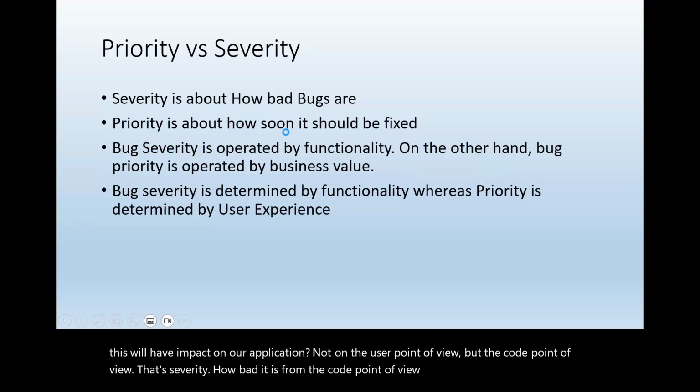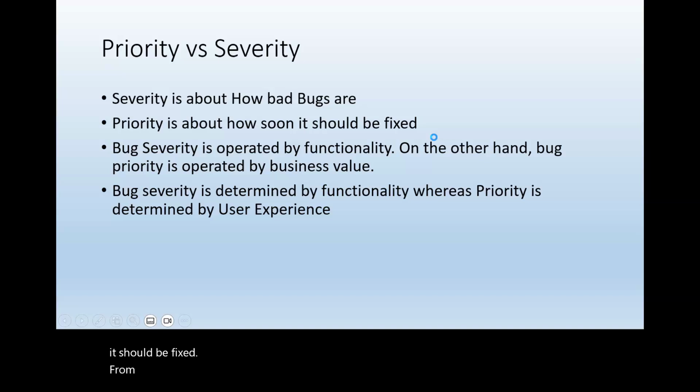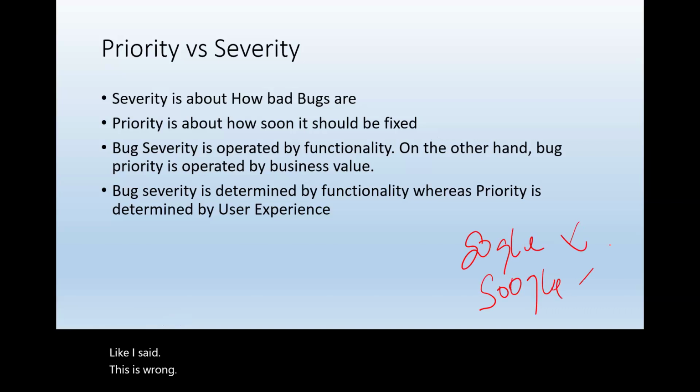Now, priority is about how soon it should be fixed. From the example which I gave on Google, like I said, this is wrong, this is right. Instead of this, you are seeing this on your page.